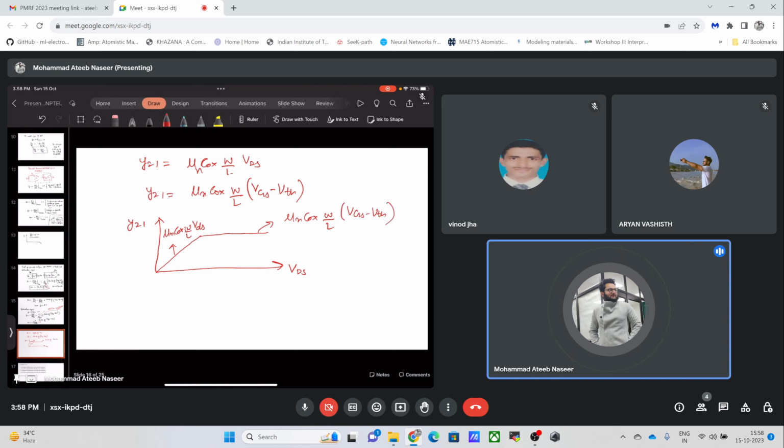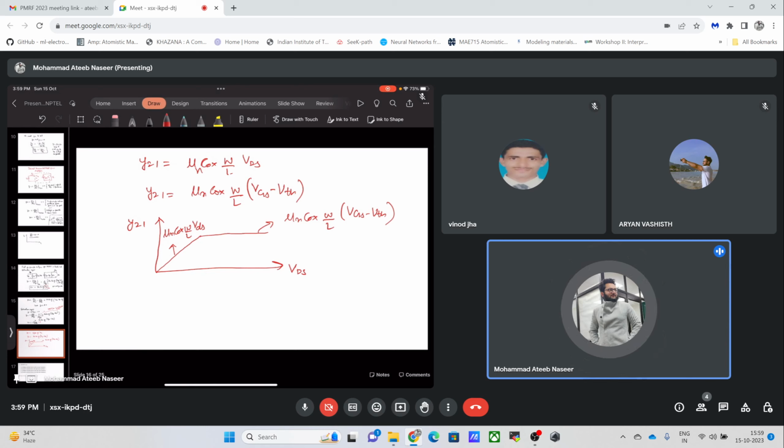As we go into the saturation region, Y21 saturates when VDS crosses VGS minus VTH, where VTH is the threshold voltage. We want Y21 to be maximum, so we want the transistor in the saturation region, which is as simple as that.